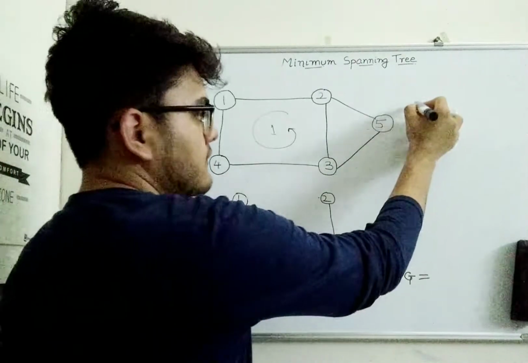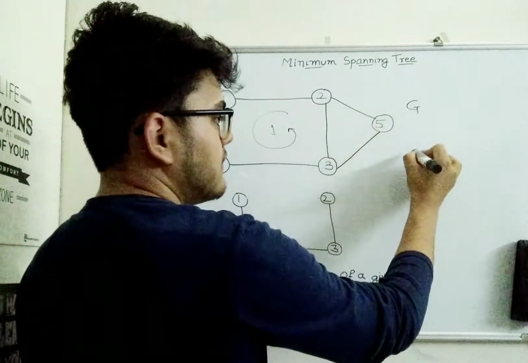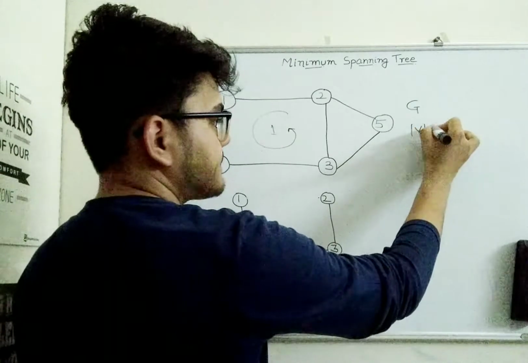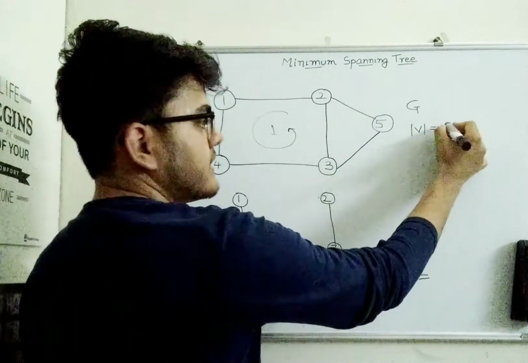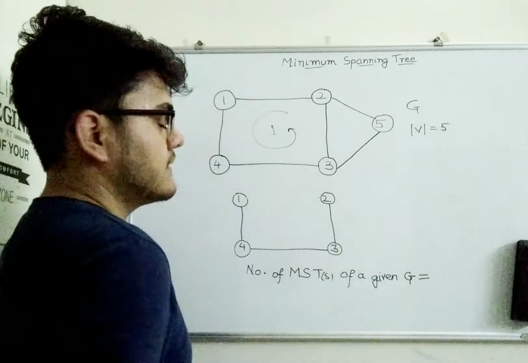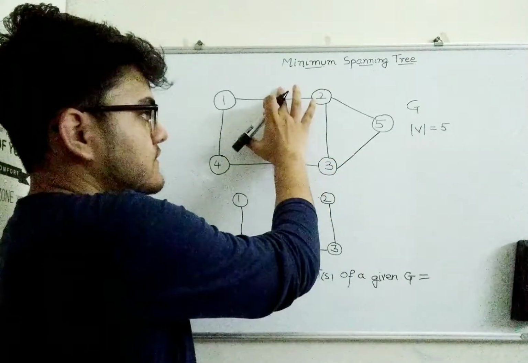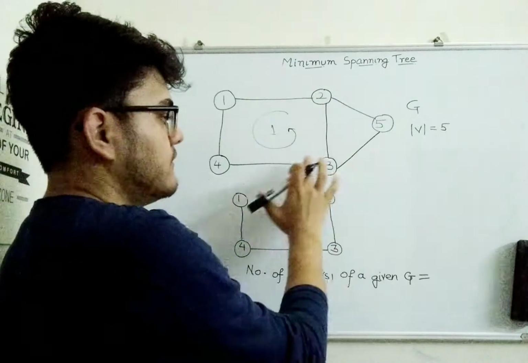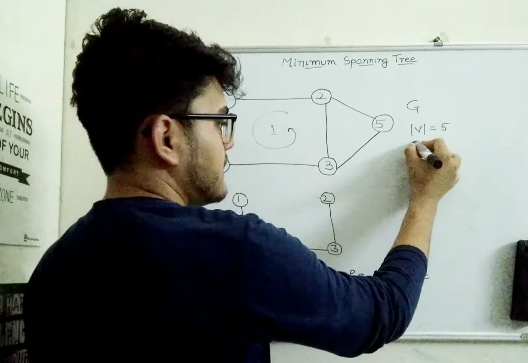Now in this graph G, the number of vertices is equal to 5. The number of edges is 1, 2, 3, 4, 5 and 6.